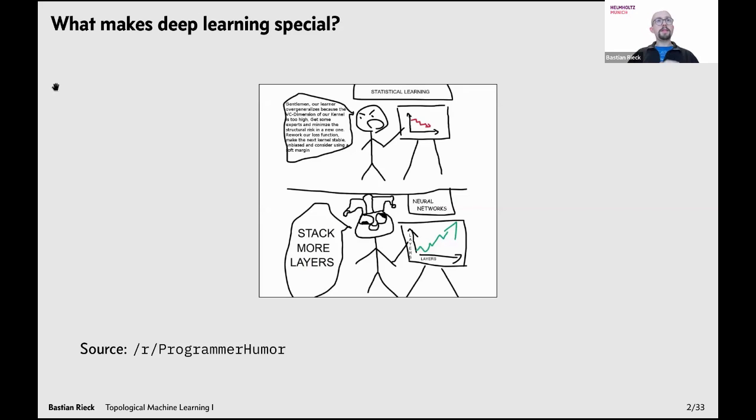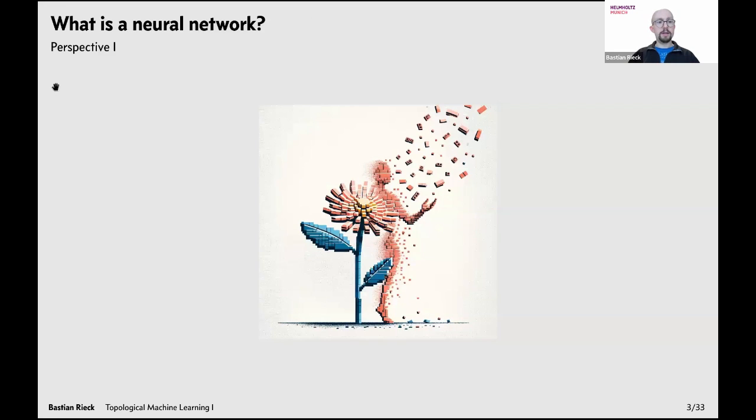But one thing that is true about deep learning is that it uses task-specific features. That's the new thing. And this is something that I want to underscore by the idea of what a neural network actually is. So one perspective that I like to have for general neural networks is to say that it is a way to, well, as I said, build something with Lego bricks. So you can reconfigure it in different ways, and you can use it to create different types of architectures, different types of task-specific models.